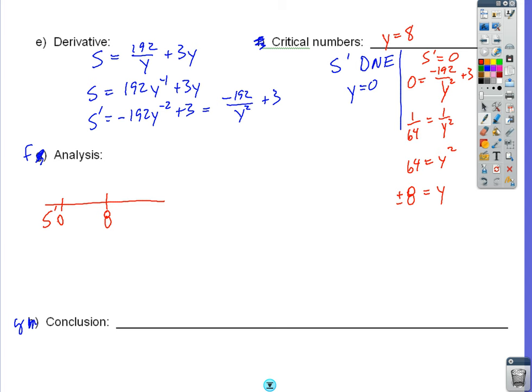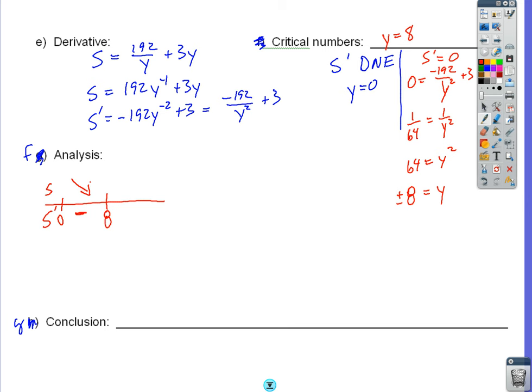So I go into S prime and plug in, let's say, 1 for y. When I plug in 1, negative 192 over 1 plus 3, well, that's going to be a negative number. That tells me that from 0 to 8, the sum of my numbers is decreasing.